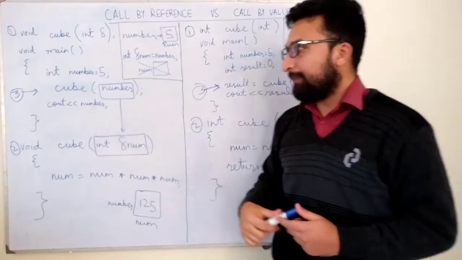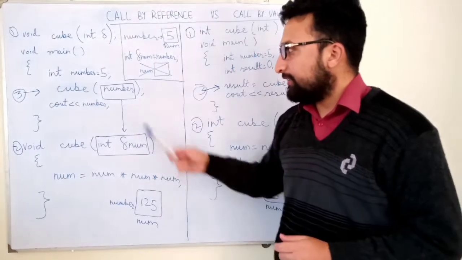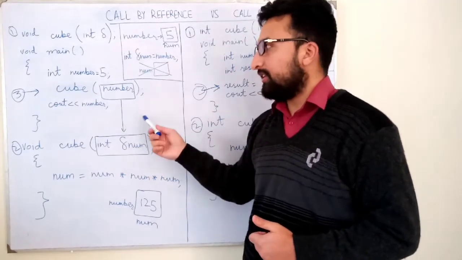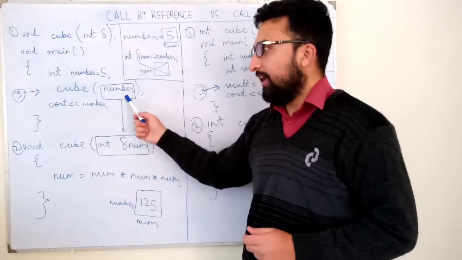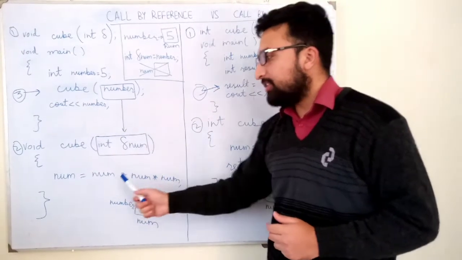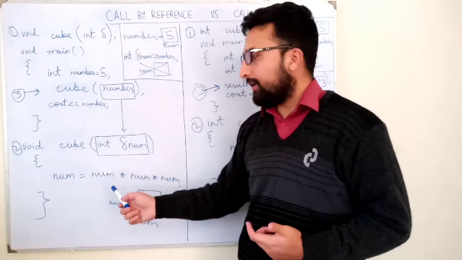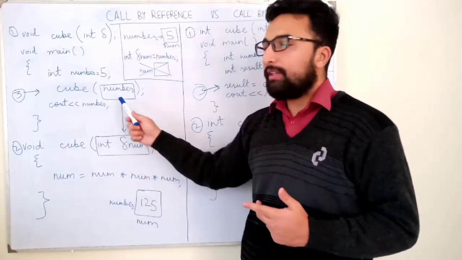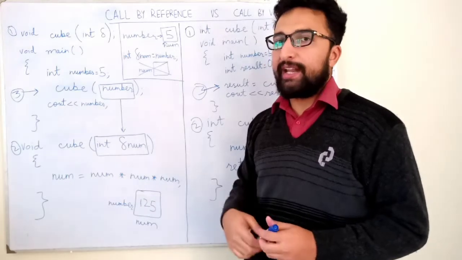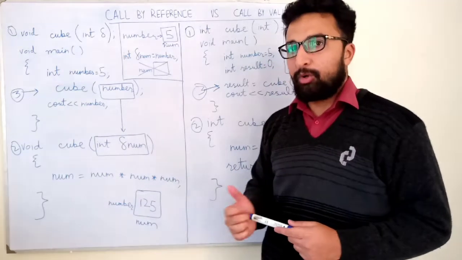So what happens here is that another variable named num also points to the same memory location to which the variable number was pointing. So now whatever change we make in the variable num or the variable number, it is basically equivalent to changing the data at that memory location.